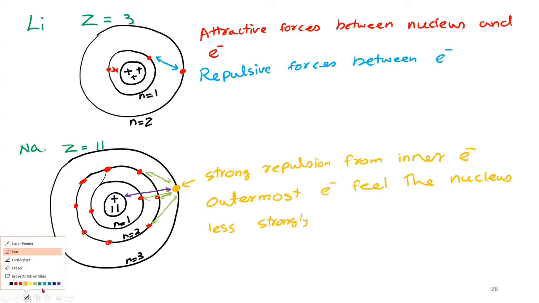What about the other electrons inside? Like if you think about this electron in n equals 1, this can feel the nucleus very strongly. This is strongly attracted to the nucleus. But the yellow marked one is weakly attracted.